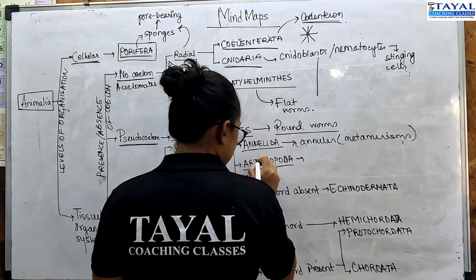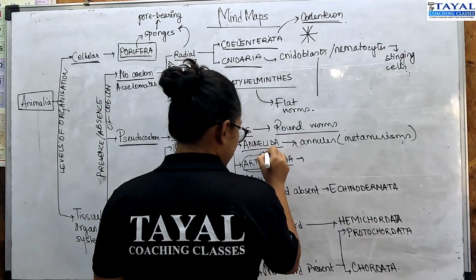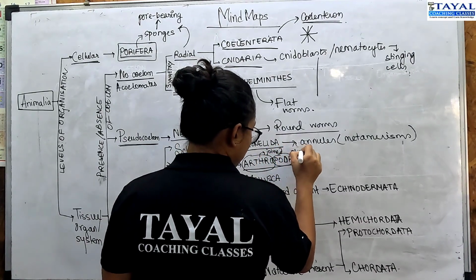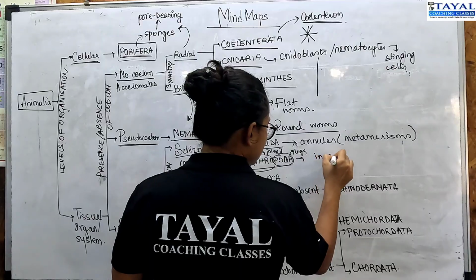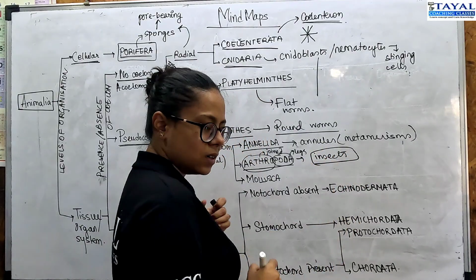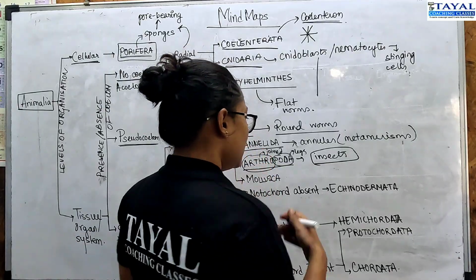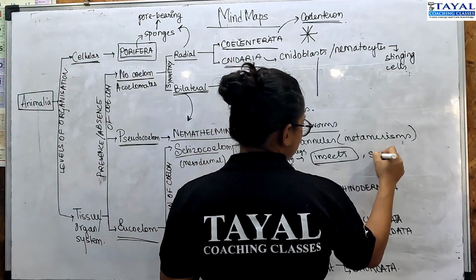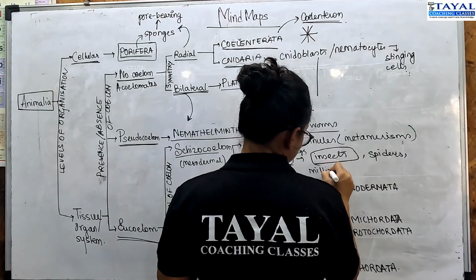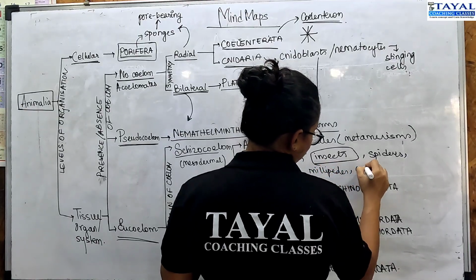Arthropoda, the word arthro means joint and poda means legs. So they are your insects, right? The largest known group of organisms, and spiders, your millipedes and centipedes.